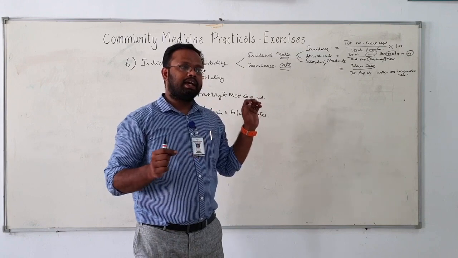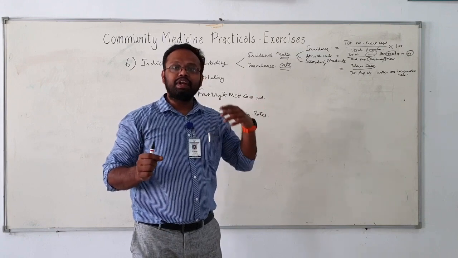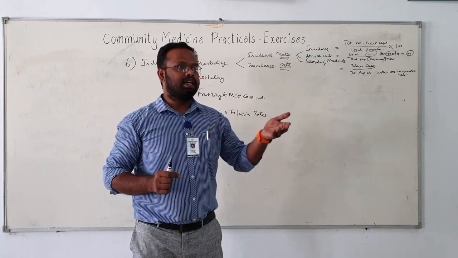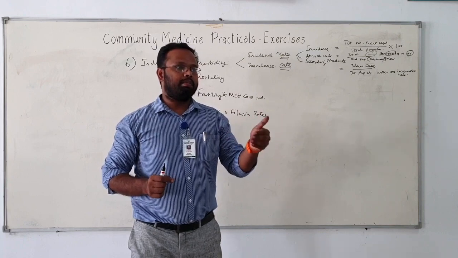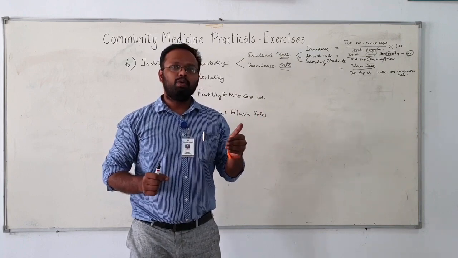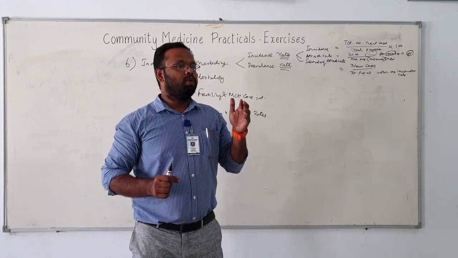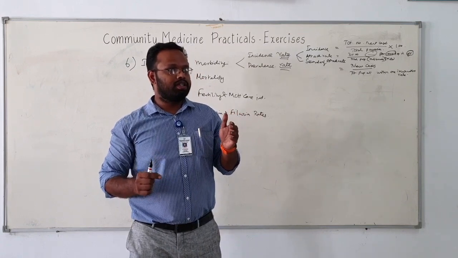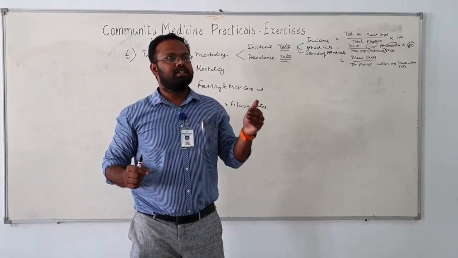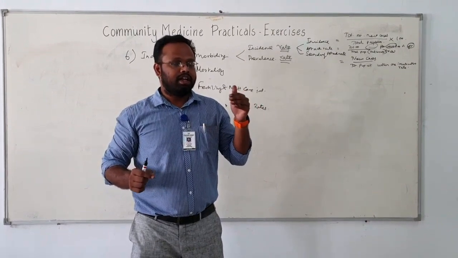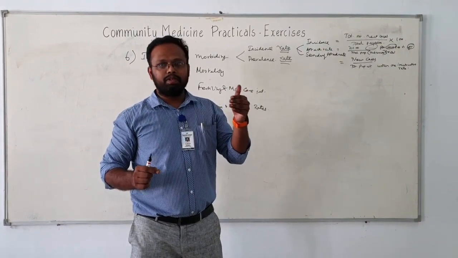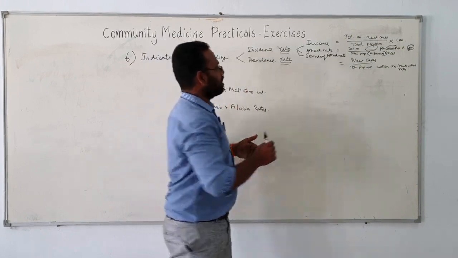As the secondary attack rate increases, the infectivity of the disease increases. As for example, chickenpox, measles and so on have about 85 to 90% secondary attack rate, which means those exposed to that particular disease will get the disease. That is an 85% chance that the person will get the disease. That is the secondary attack rate.